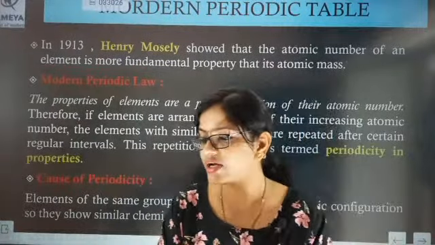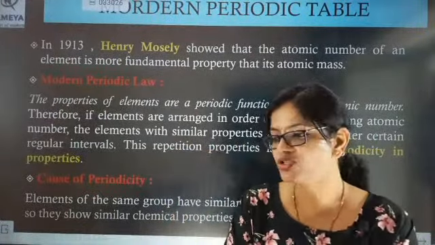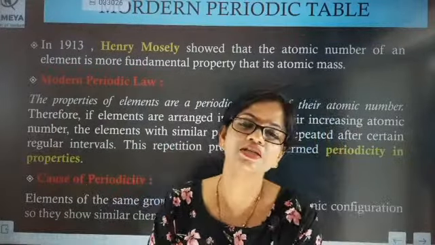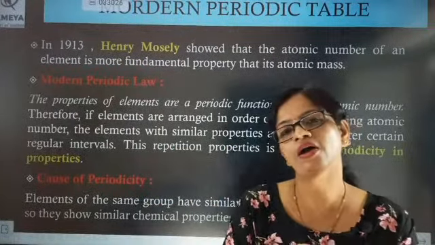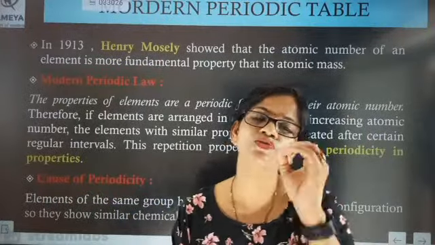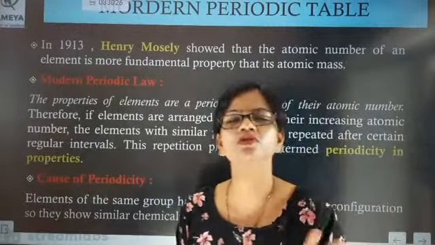Then how in the periodic table could we be so confident that there will be no discovery of a new element in future? Atomic number has put a full stop to that.